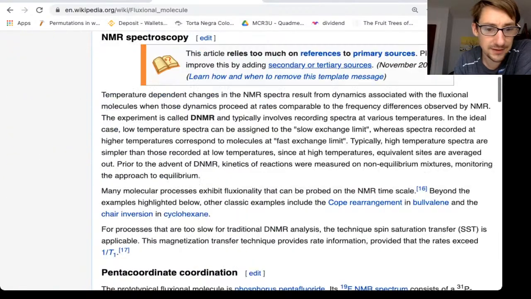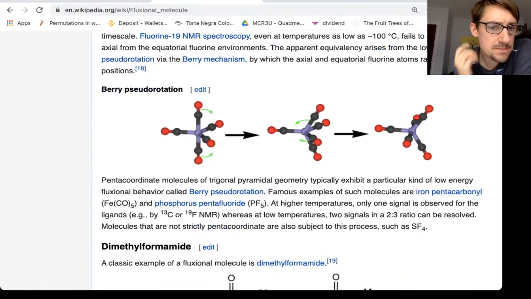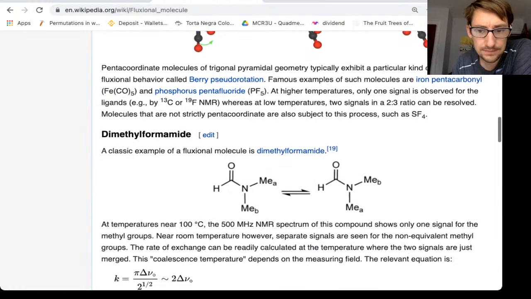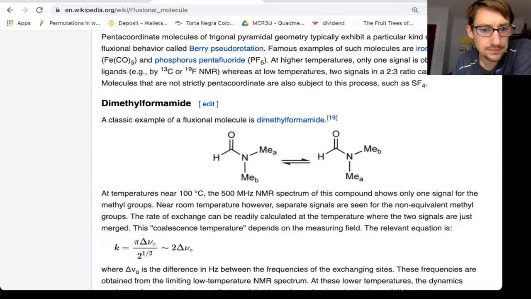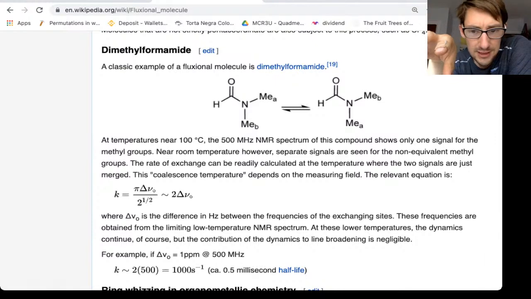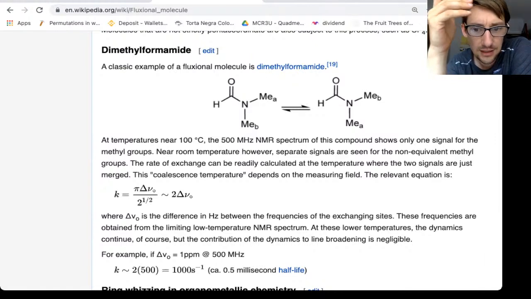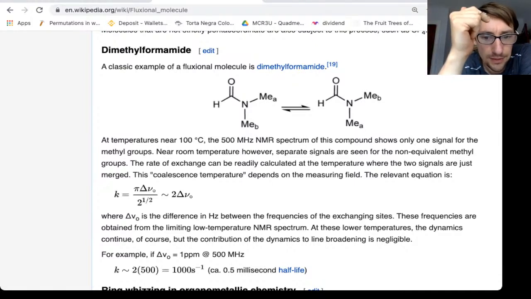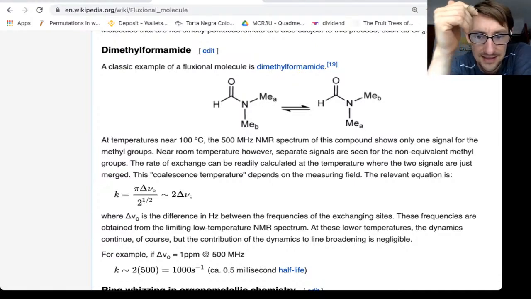Oh my lord. NMR spectrum shows only one signal for each of the methyl groups. Near room temperature, separate signals are seen. The rate of exchange can be readily calculated at the temperature where the two signals are just merged. This is coalescence.